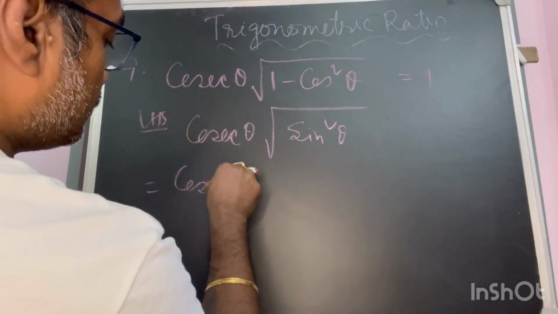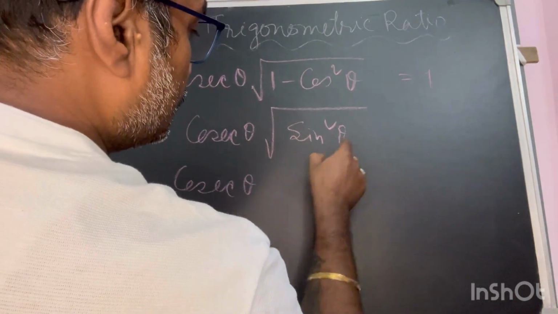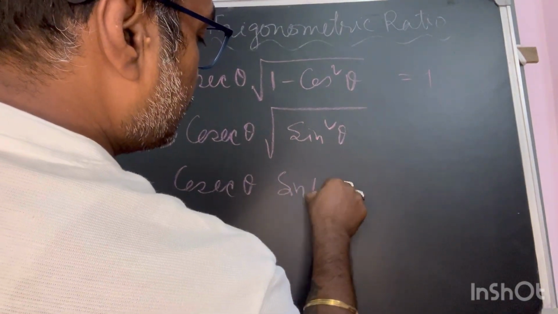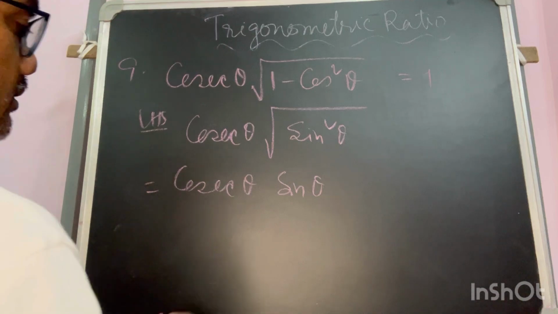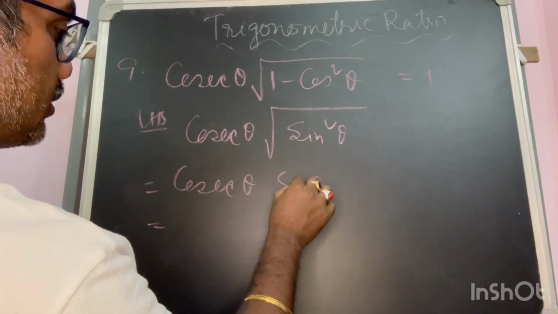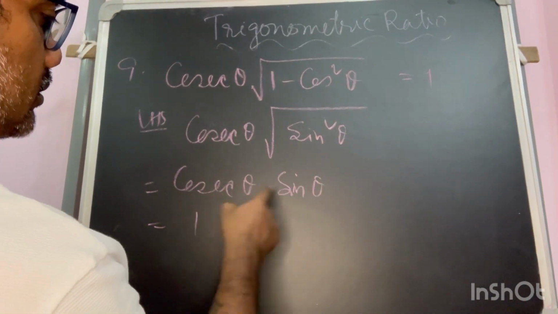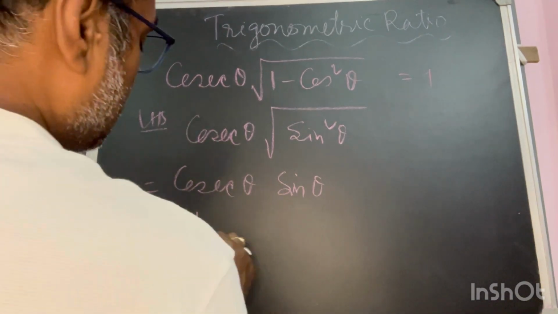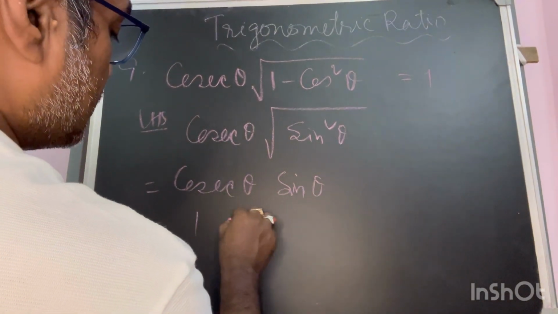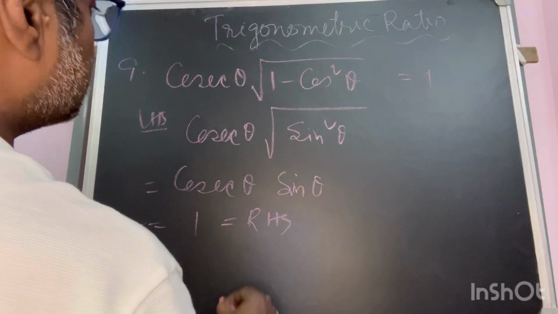If I remove the square root, it will be sin theta. Cosec theta into sin theta is equal to 1, because these are inversely related, so that is equal to your right hand side.